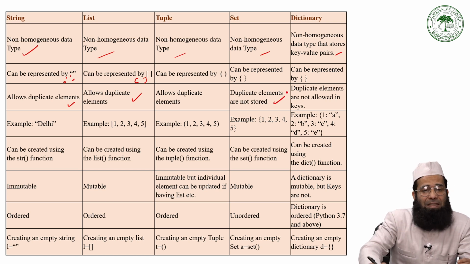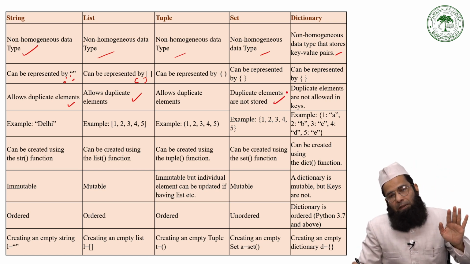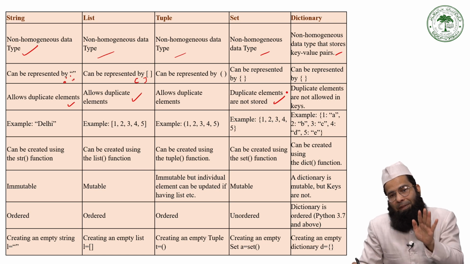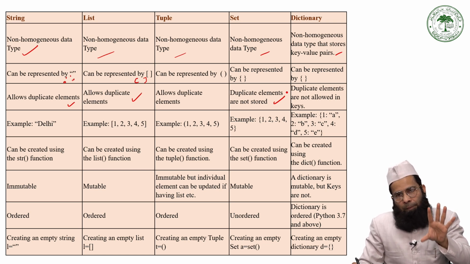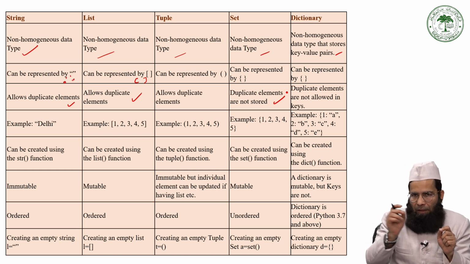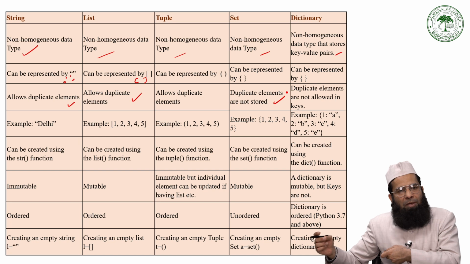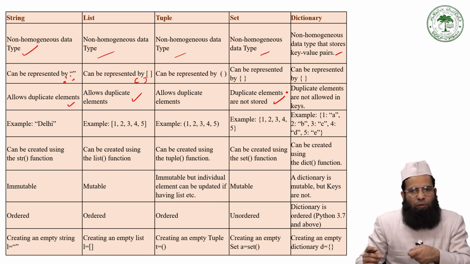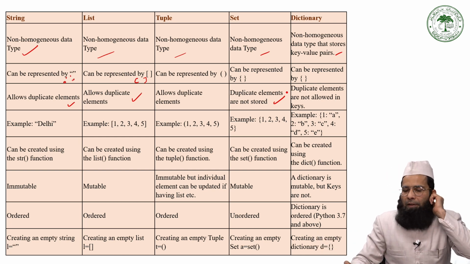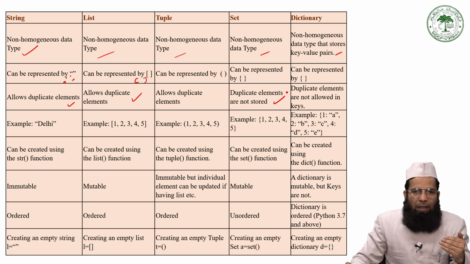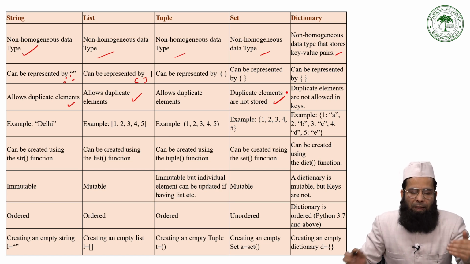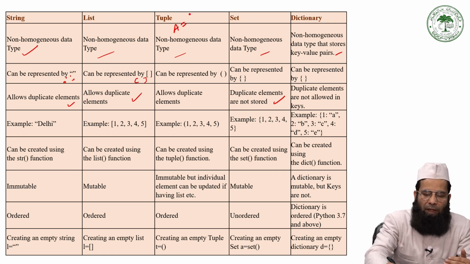As far as set is concerned, although you can mention duplicate elements, internally the unique elements would be stored, right? If I am including duplicate elements, it won't give me an error. Let's say I am creating a set in this format: 2, 3, 3, 2, 3.